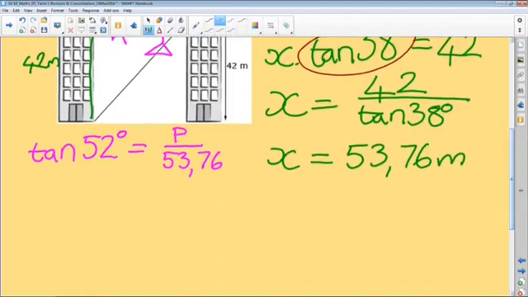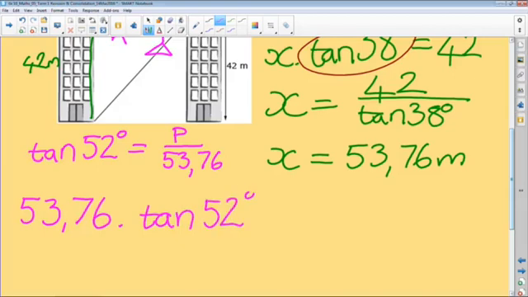All I'm going to do is take the 53,76 to the other side, multiply tan by it. 53,76 times tan of 52 degrees is equal to P.